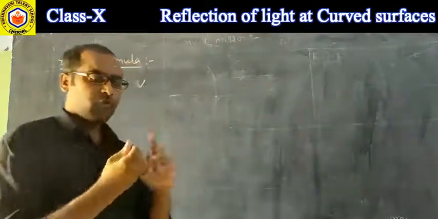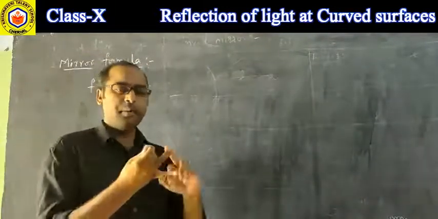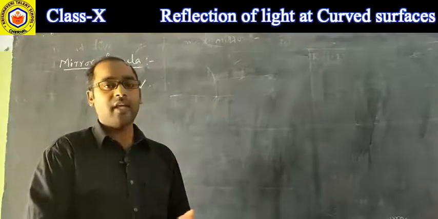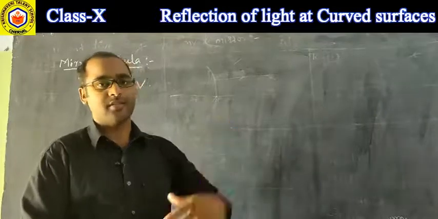Now if the focal length of a lens is given and the image distance is given, then they have asked to find out the object distance.